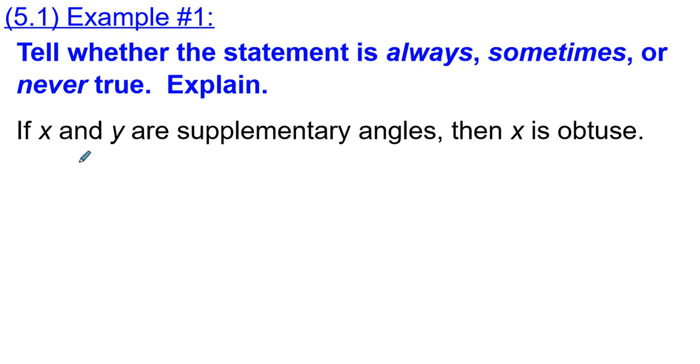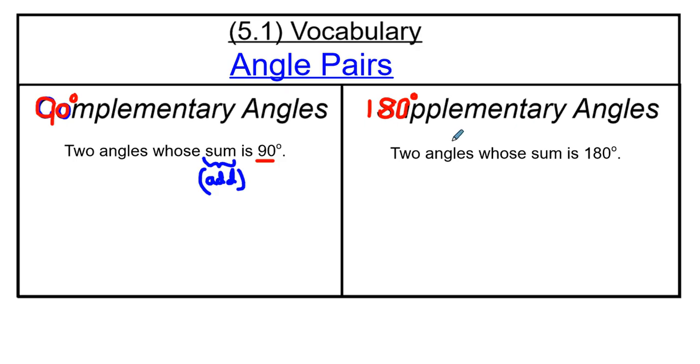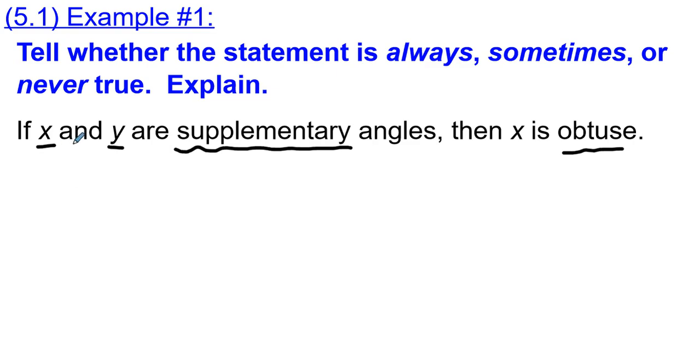So it says if we've got two angles, x and y, and they are supplementary, then x is obtuse. So we've got some different vocab right there. So what is supplementary? Well, if I go back into my notes here, remember my little trick, that's two angles whose sum is 180 degrees. So it says if x and y are supplementary, in other words, if I add them, I get 180 degrees.